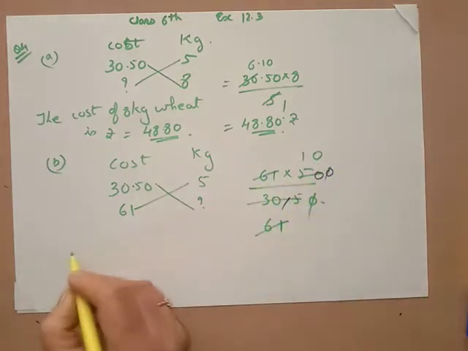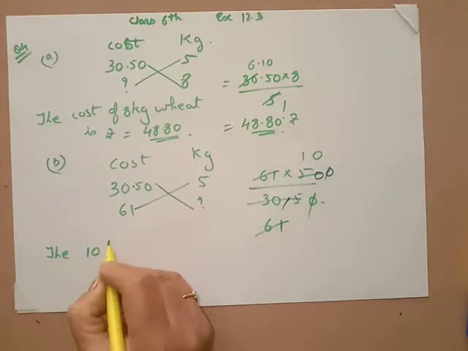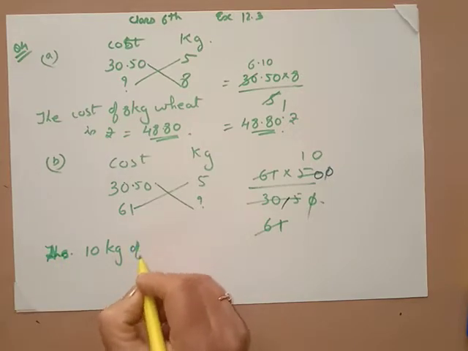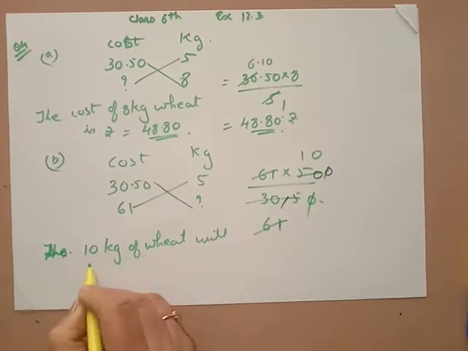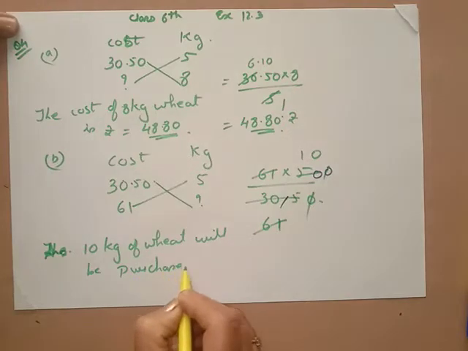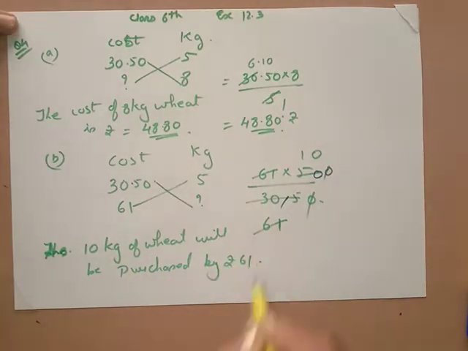So we can say that the answer will be 10 kg of wheat will be purchased by rupees 61.